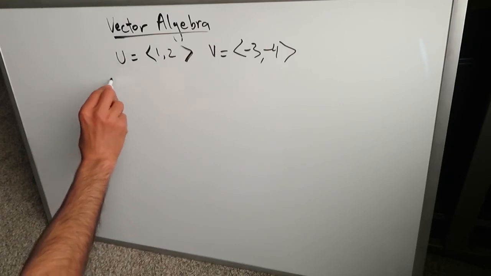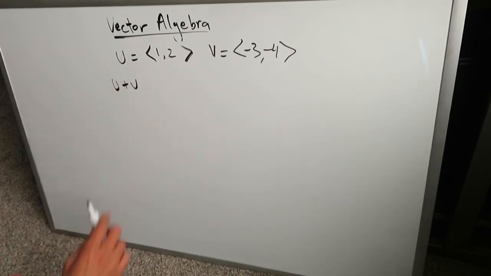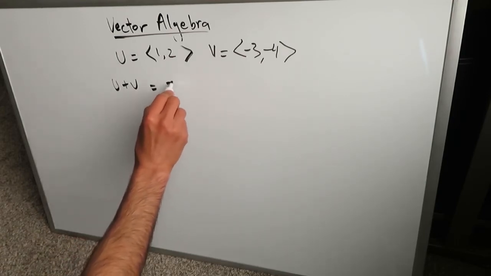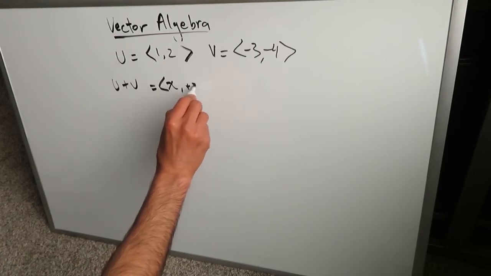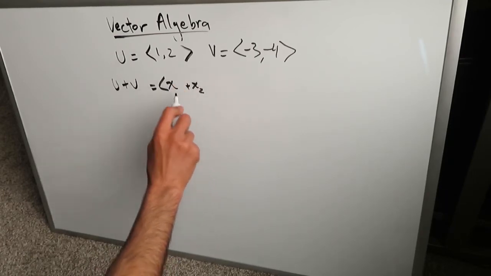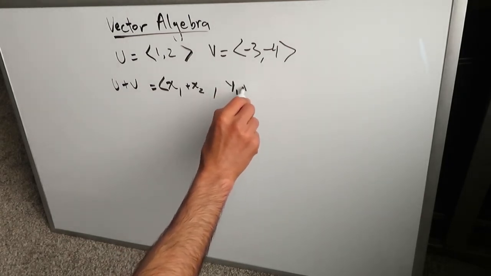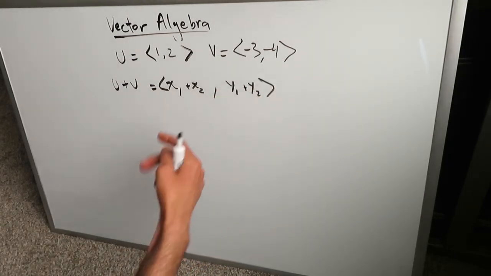If someone said, show me the addition of vectors u plus v, remember the triangle method and the parallelogram method, that was the diagrammatic aspect of adding them. Now how do we do the actual algebraic aspect of adding? Well, you will do x1 plus x2, that's your x component, and you'll do y1 plus y2, and that'll be your y component.